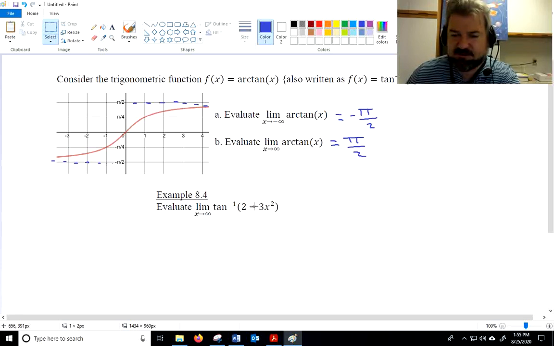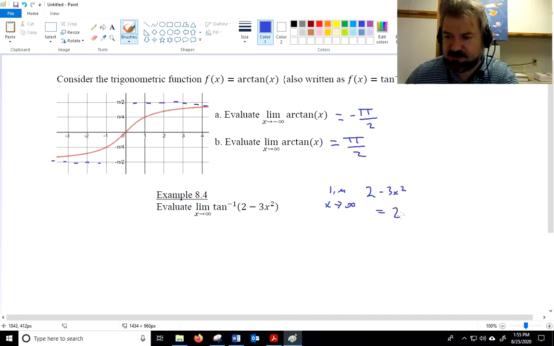All right, so when I plug in infinity, I don't think what's happening on the inside is at all indeterminate. When I plug in infinity, I get 2 minus infinity, right? The infinity squared is infinity, times -3 makes it minus infinity. 2 minus an infinitely big number is negative infinity. So this is clearly going to negative infinity.